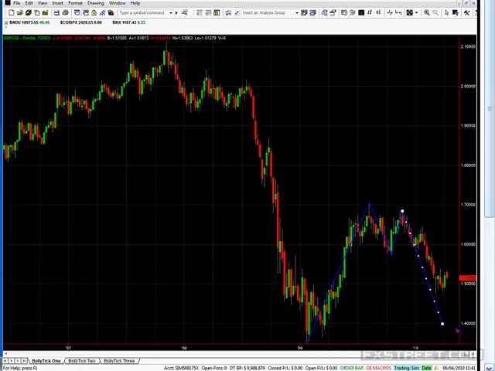Price for a bat pattern to be completed has got to come all the way down there to the big round number, which is, look, 10 cents away. More than 1,000 pips away, 1,150 pips away from where price is right now. And that could develop into a bat pattern. So there we go. An interesting one.